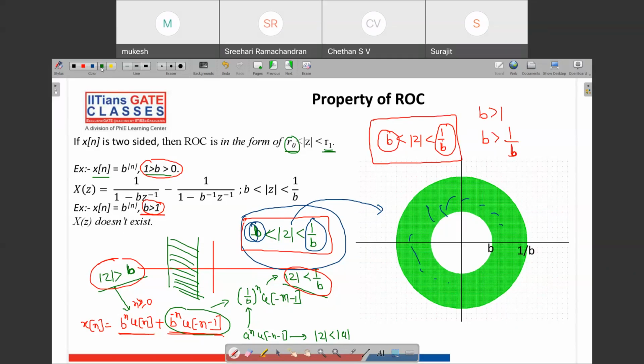That's why there is no point where the Z transform of this signal will exist. It is the same signal as before, but with the criterion that b is greater than 1. So for the same signal, if b is greater than 1, we cannot calculate the Z transform, because there is no point on the z plane for which this Z transform is going to converge.